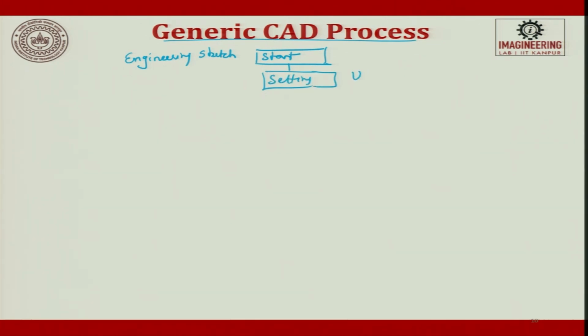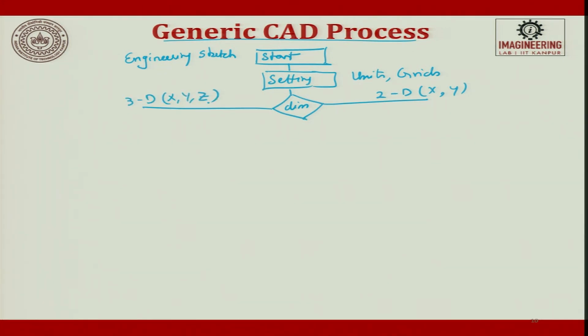In the settings, we give units, we give grids, snap on, snap off, all these things. Then we give dimensions, which can be divided into two parts. This is 2D, that means x and y information. Here it is going to be 3D, where we give x, y and z information.